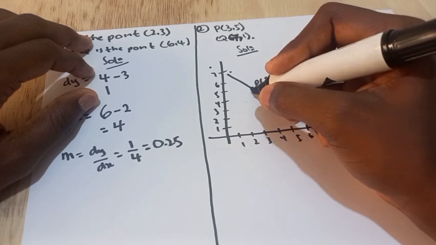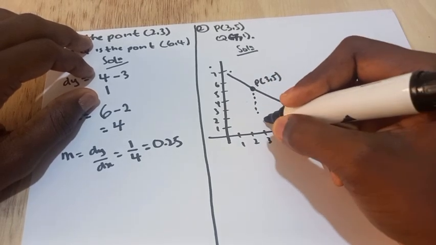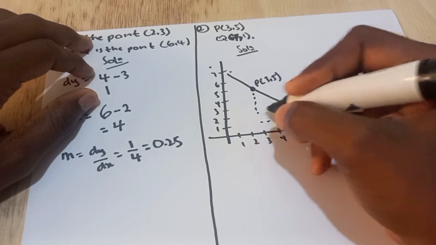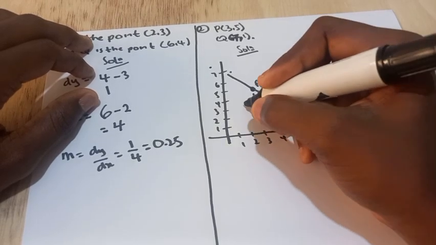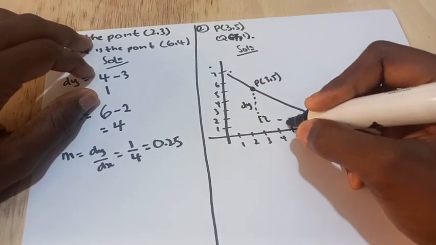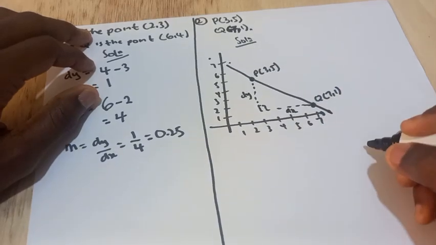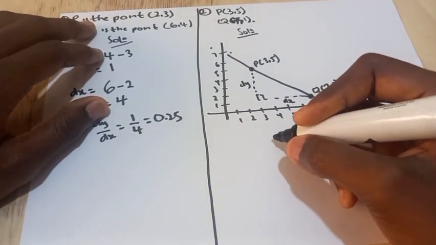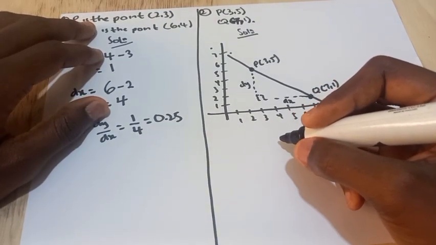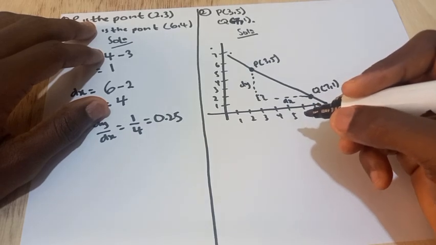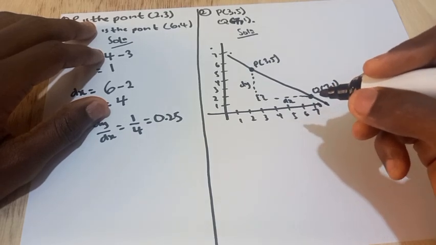So the change in these 2 points, this is the dy, the change in the y-axis, and the change in the x-axis. So by so doing, we know that P is to the left and above point Q.